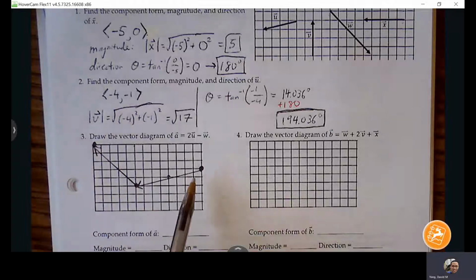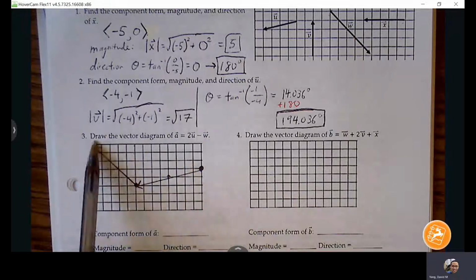Okay, so now your resultant vector is going to be from beginning to end.